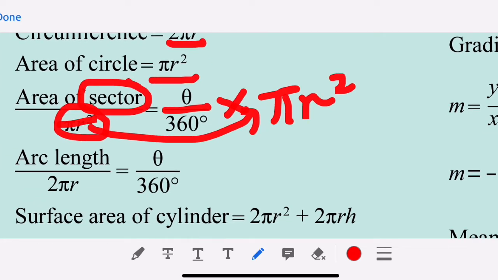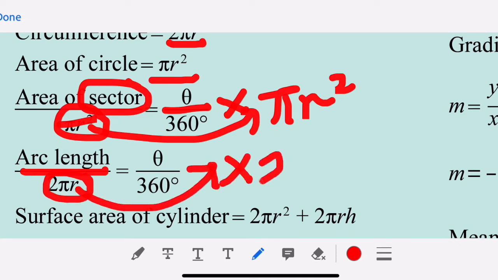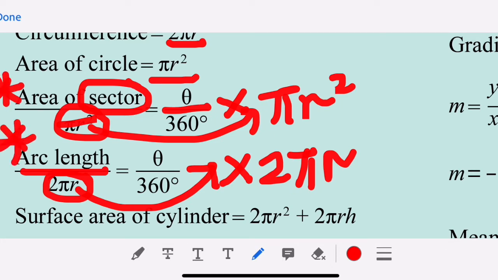And arc length, we can write arc length for the sector. We can say we use theta over 360 times 2 pi r. These two formulae are very important when we want to solve the sector.